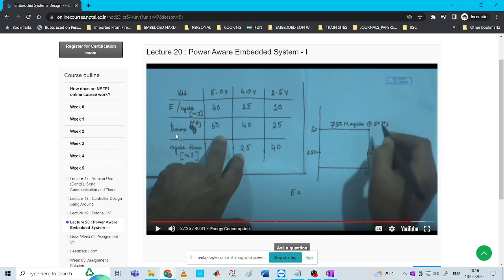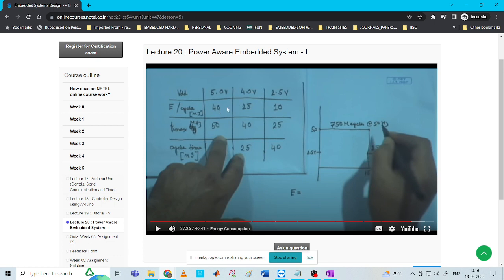All the power consumption is given in energy per cycle. As your number of cycles increases, the energy also increases. So energy per cycle is the important parameter. We have to calculate everything in terms of cycles, and then multiply it with the energy per cycle to get the total energy.